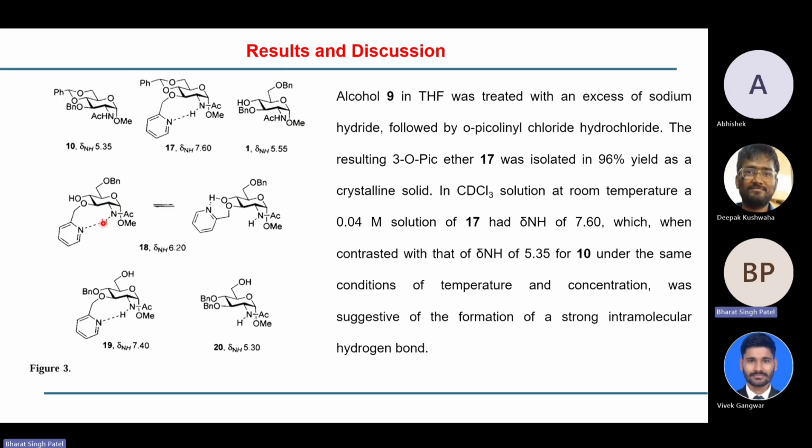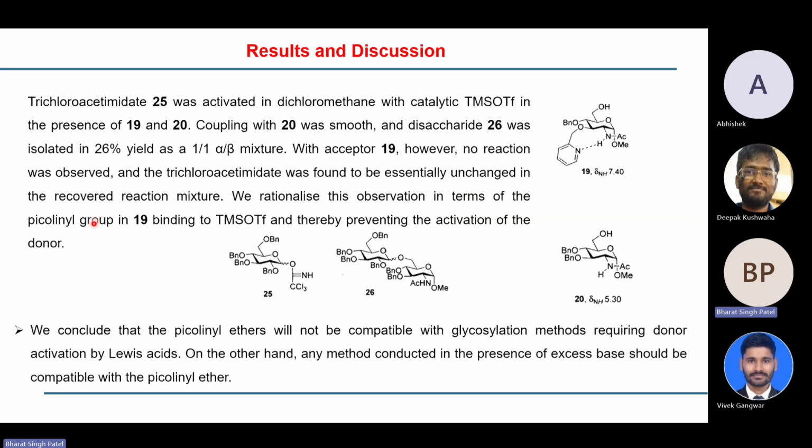Once it goes intramolecular, the role of intermolecular hydrogen bonding will go, and then there is no quenching of the catalyst by the acceptor. But at the same time, in the case of TCA, this compound itself was quenching the TMS triflate. So again, this is not compatible with the Lewis acid activation.